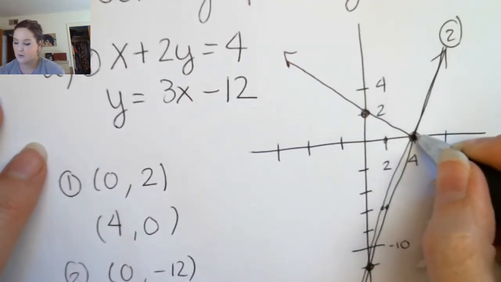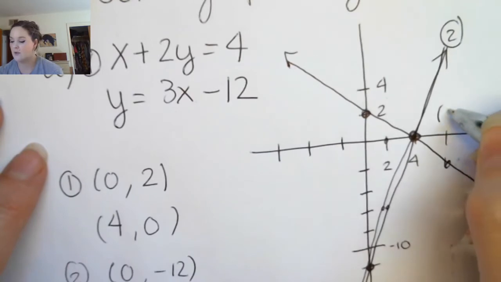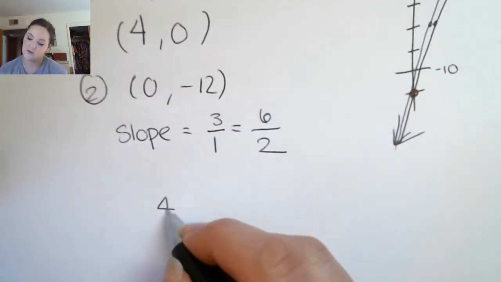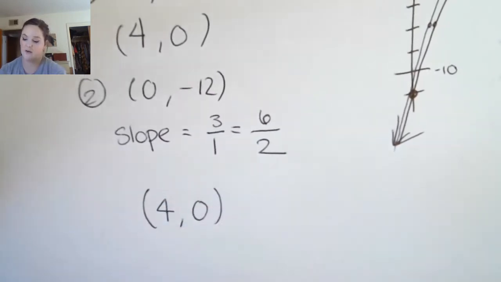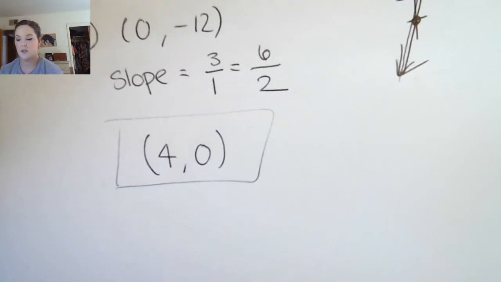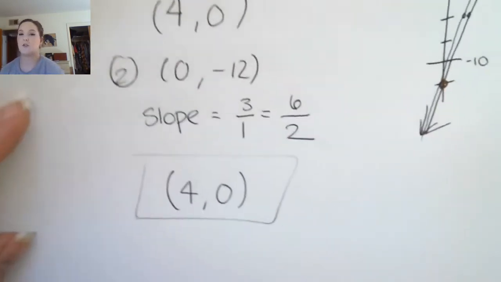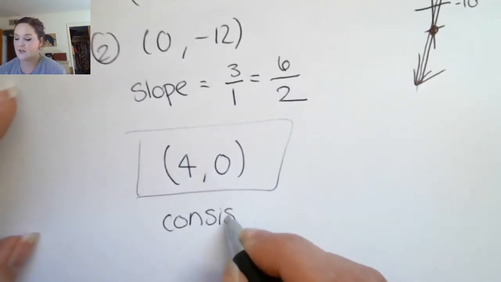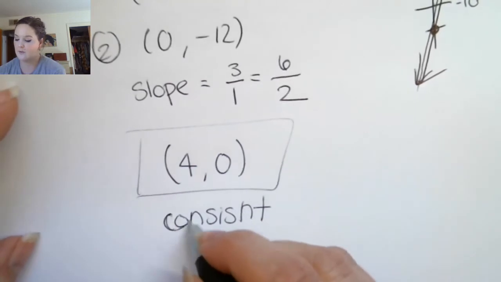Okay, so it's going to be our point of intersection, which is 4, 0. Okay, so we're going to write our solution as an ordered pair, 4, 0. Okay, so that's the idea of solving by graphing. Okay, now to use our new vocab, there is a solution, so we would say this is consistent. Oops, I can't spell.